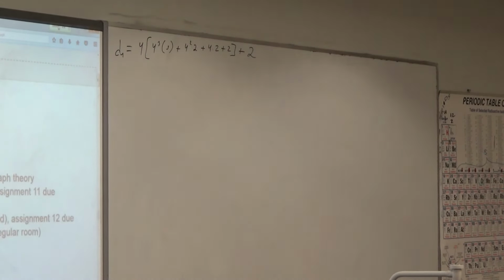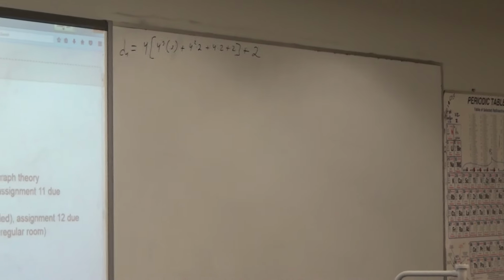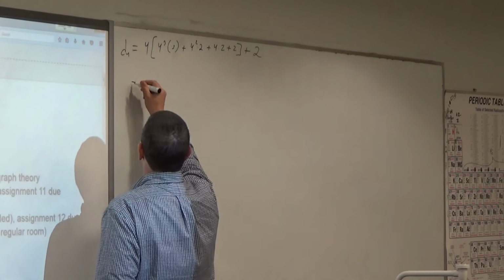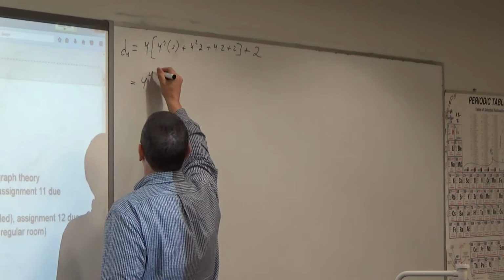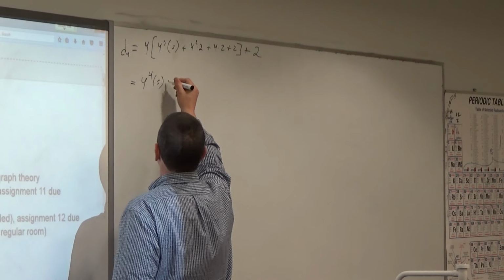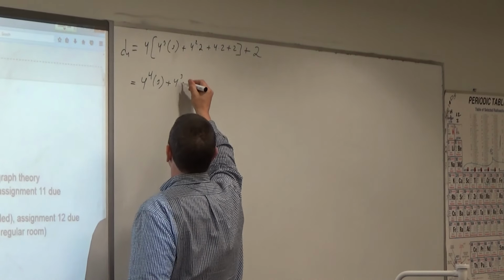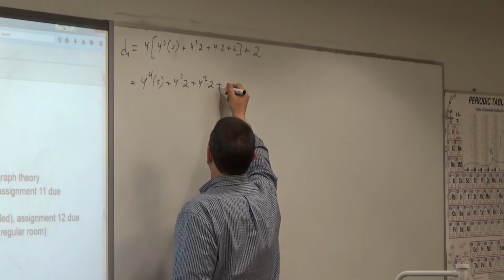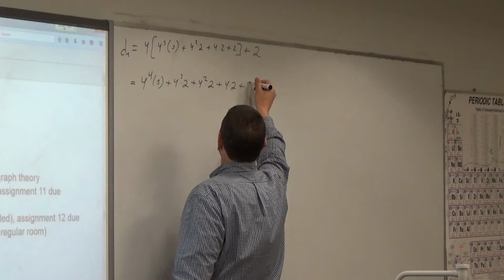And notice each time, guys, there's another plus 2 because of the plus 2 in the original recursive sequence, okay? If I distribute, we wind up with 4 to the 4th times 3 plus 4 to the 3rd times 2 plus 4 squared times 2 plus 4 times 2 plus 2.